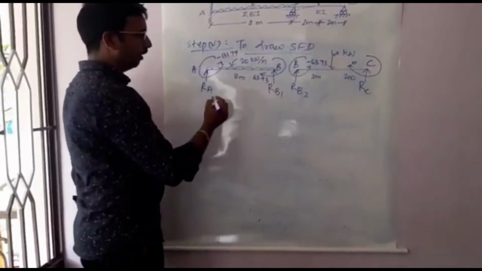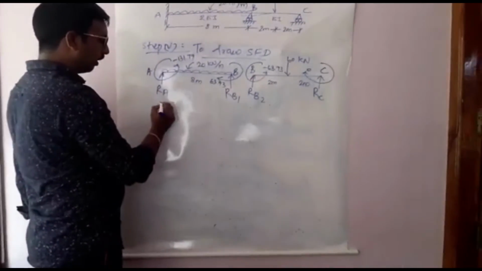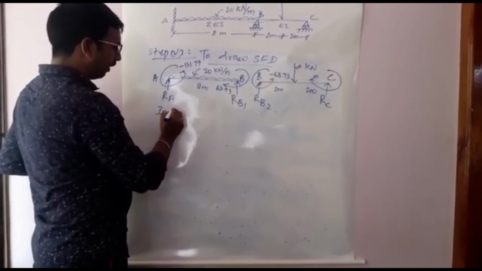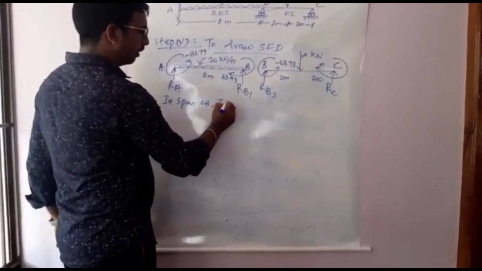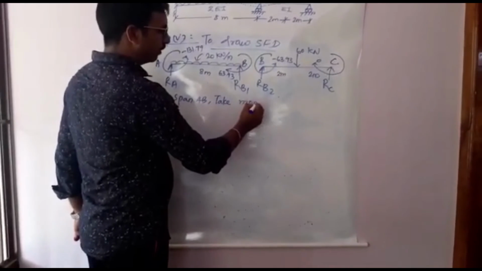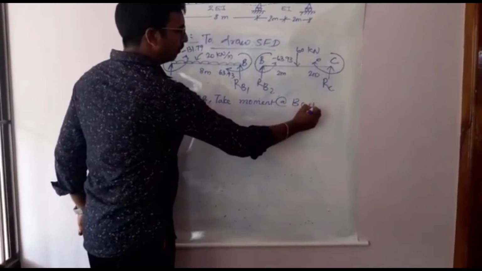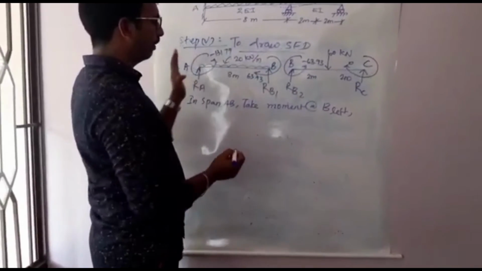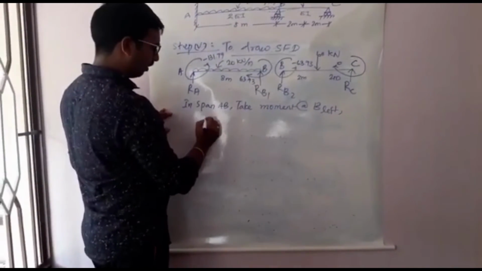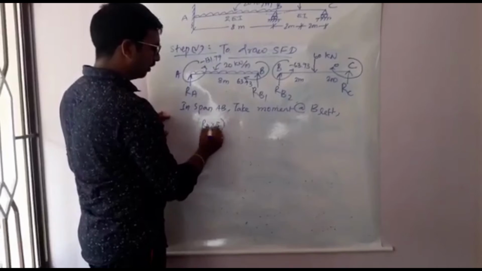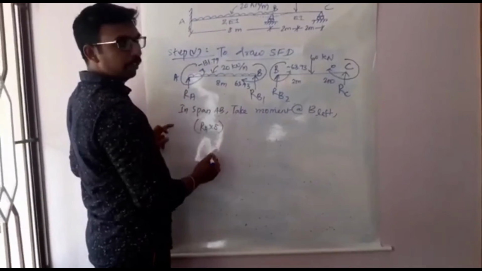Then to find out RA and RB1, in span AB take moment at B left. RA into the distance 8, minus load 20 into 8 into 8 by 2.